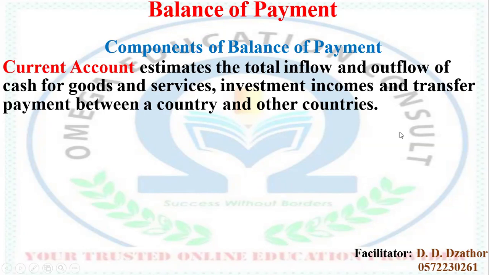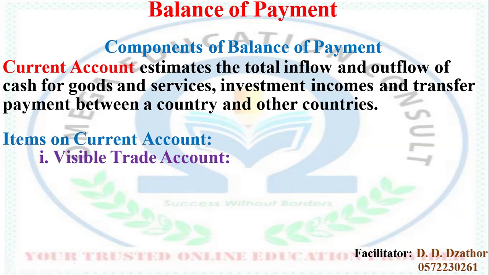All right. Now, on the current account, we talk about the invisible trade account and the visible trade account. Now, the visible trade account is the relationship between the amount of money used in buying commodities into the country and the amount of money gotten for selling our commodities.